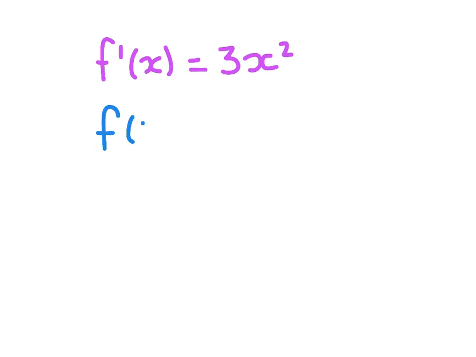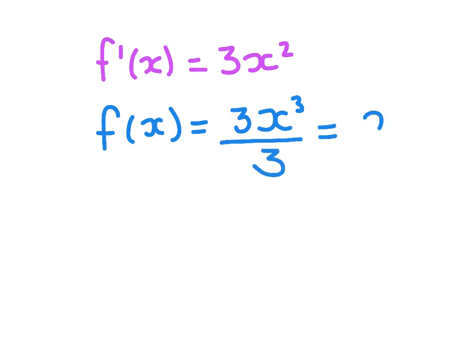So if I'm given a derivative, which is 3x squared, and I want to get the original function, I'm going to integrate. So I'm going to increase the power by 1, and I'm going to divide by the new power.